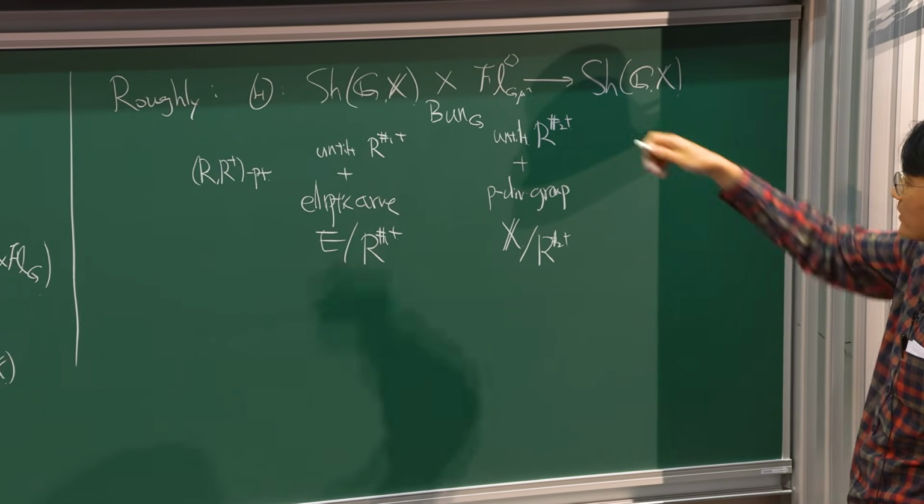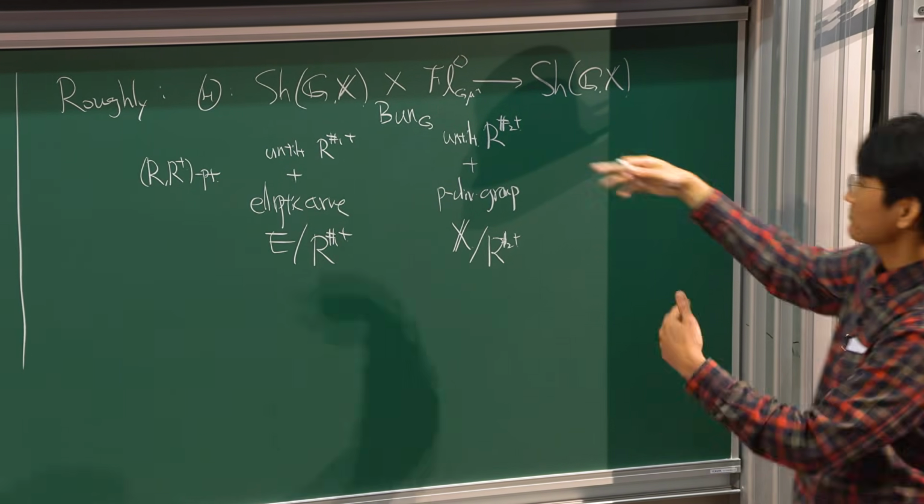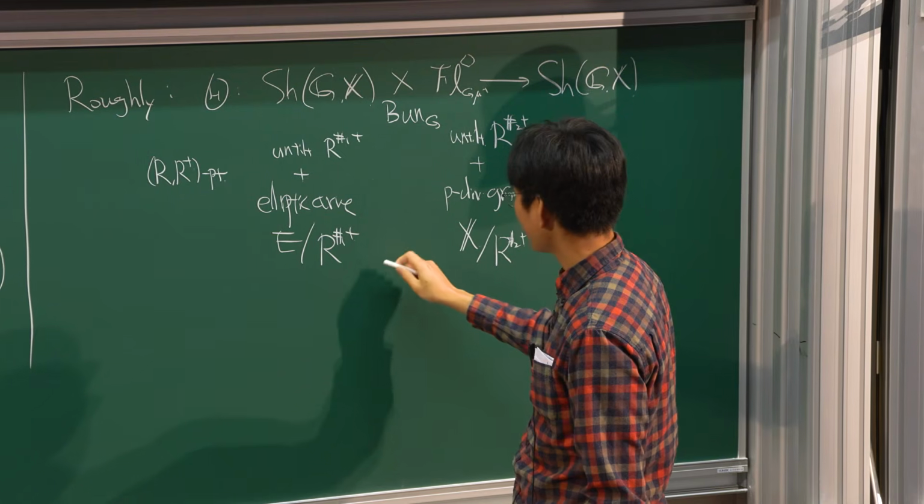And then I have a fiber product over Bun G, and this is extra data because Bun G is a stack.